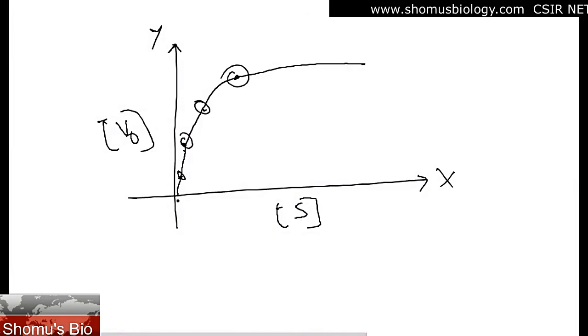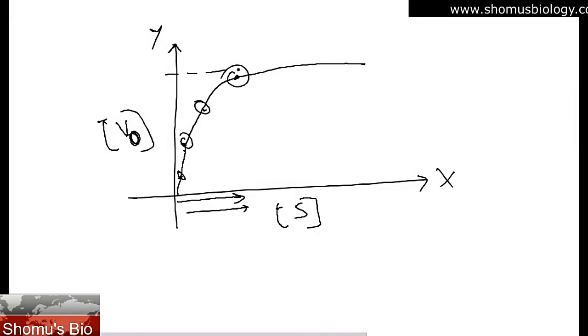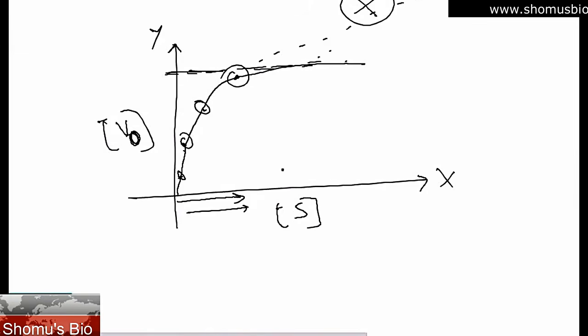It means, if we continue to raise the substrate concentration, the initial velocity, that is V0, also rises. So theoretically it will rise till eternity, but practically it should stop, because once the enzyme reaches a certain velocity, beyond this, even if we increase the substrate concentration, the velocity is not increasing.